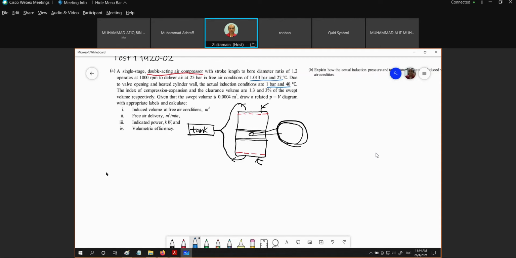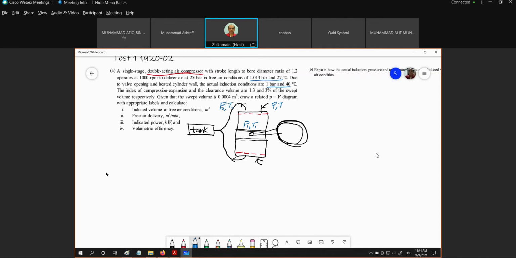So for this case, different conditions of P and T. So we have P and T right here. I will only look at one side, and we have P1, T1, and we have P2, T2.